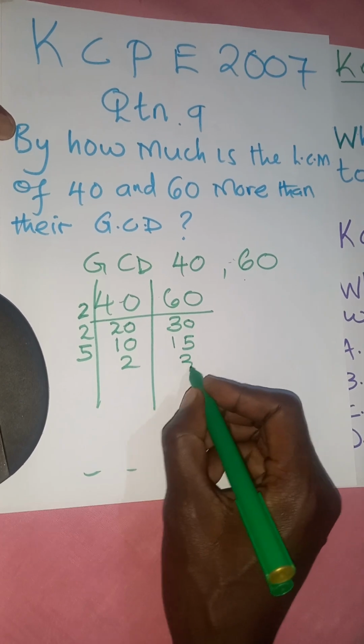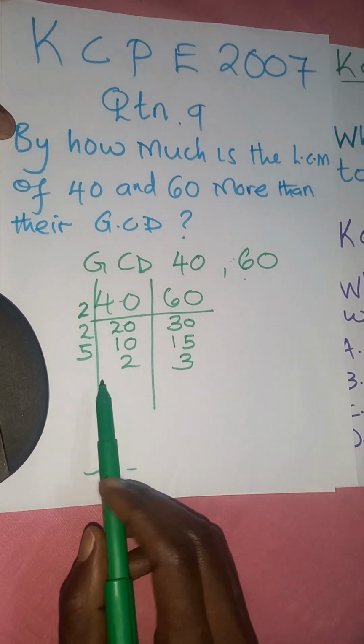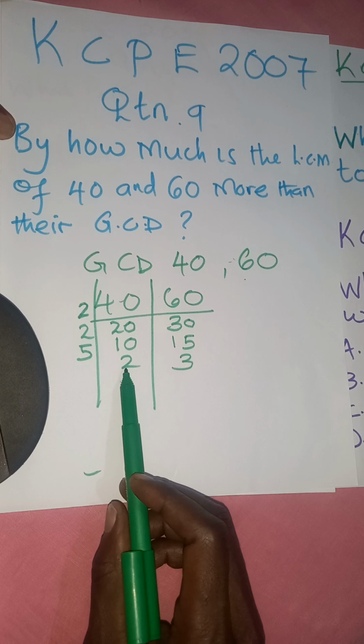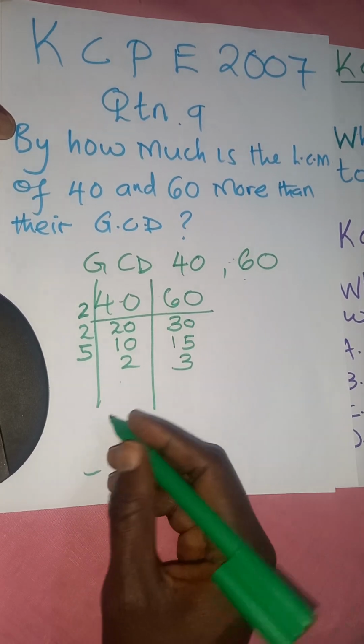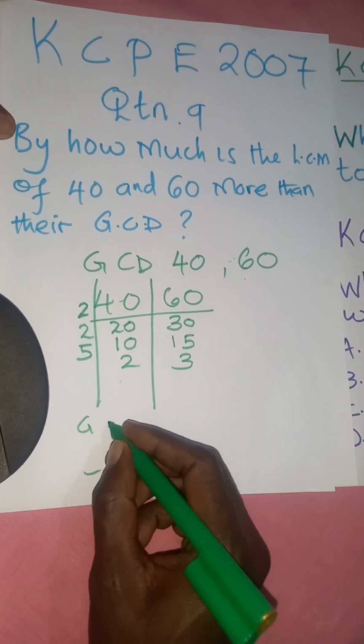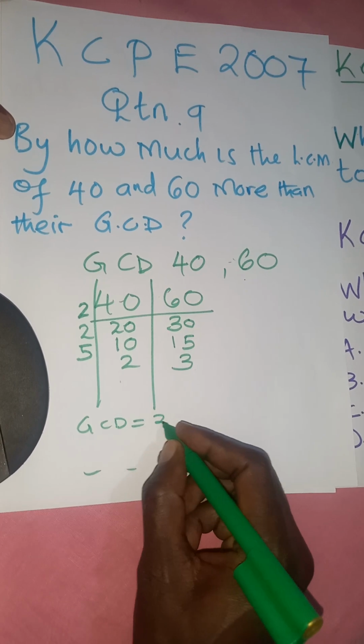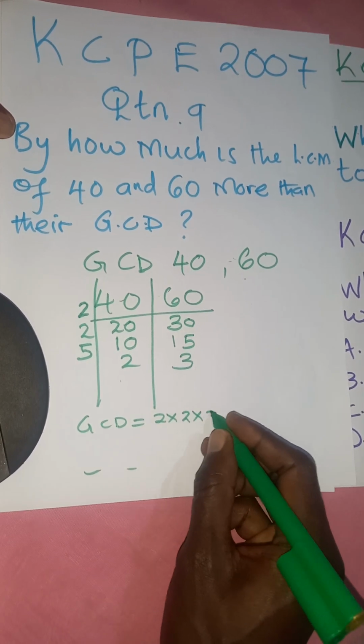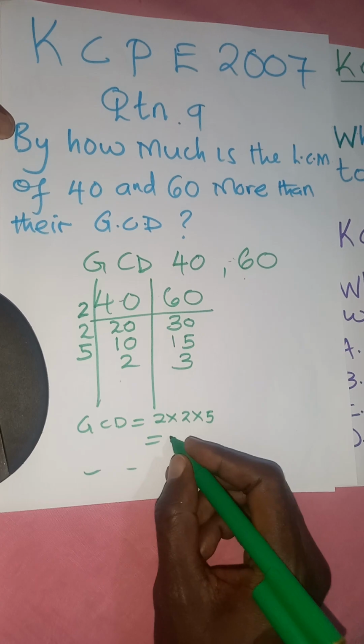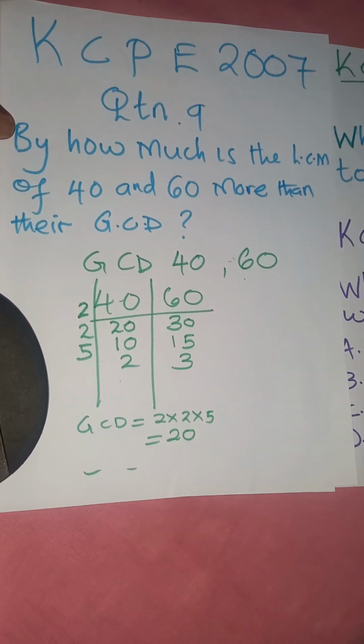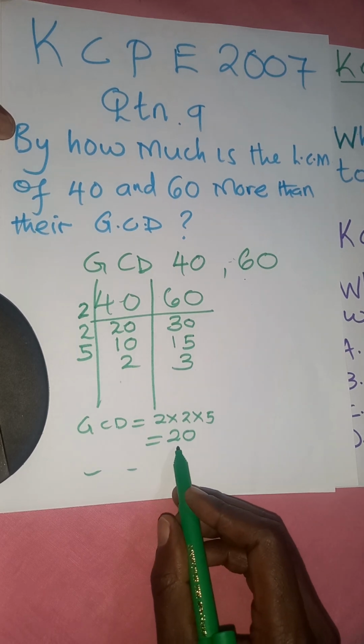This is 3. You can see there is no other digit which can divide 2 and then divide 3. Therefore, our GCD becomes 2 times 2 times 5. When you multiply this, it gives you 20. So the GCD of 40 and 60 is 20.